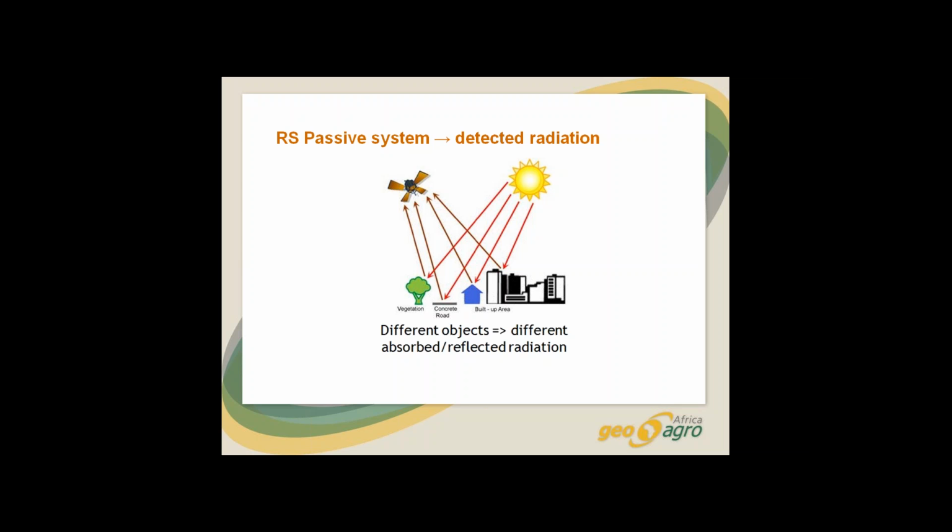So the concept is very simple. You have sunlight that reflects on different types of objects, and the satellite is very well prepared with sensors that capture that reflected radiation, in different ranges of waves, in order to get more information about the objects that are being analyzed.